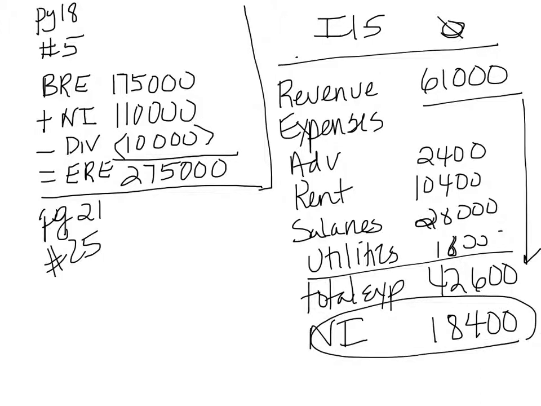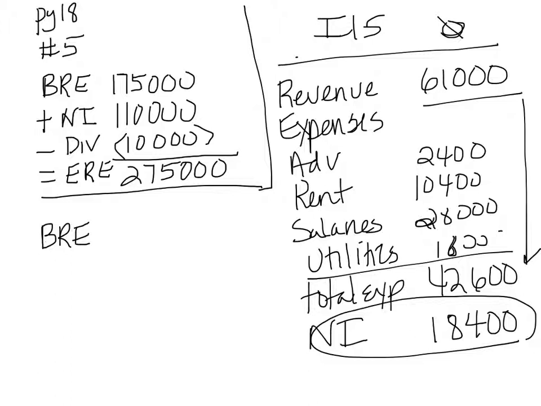So now they want us to prepare a statement of retained earnings. Let's take a look at that right here next to the other work that we did above. Beginning retained earnings: did they give us that anywhere?